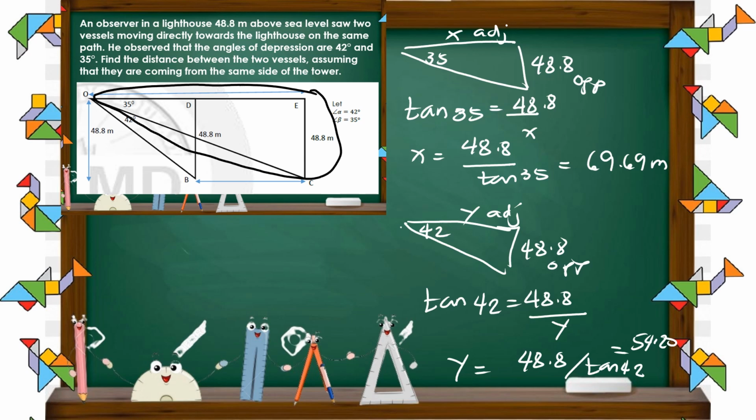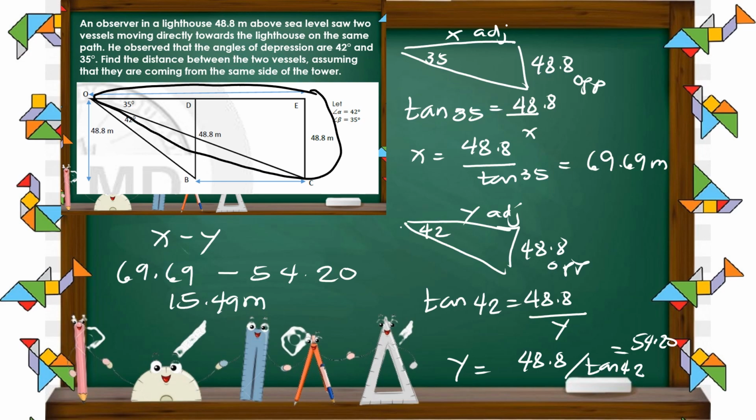Sabi ko nga kanina, to be able to find the distance between the two, we're going to subtract. So that's x minus y: 69.69 minus 54.20. So the distance between the two vessels is 15.49 meters. So that's the answer.